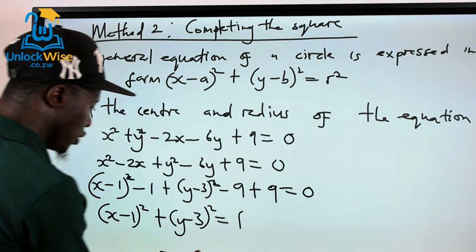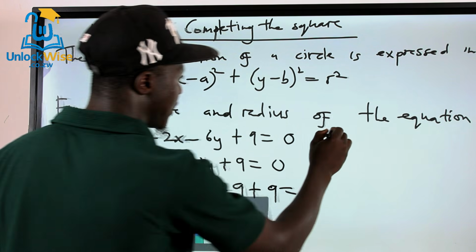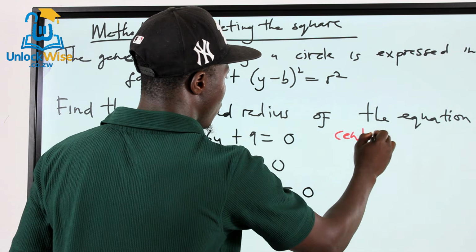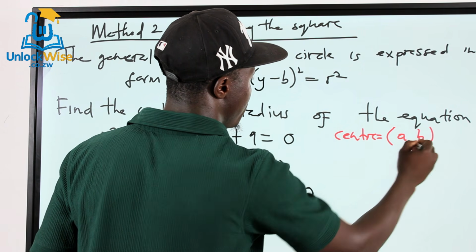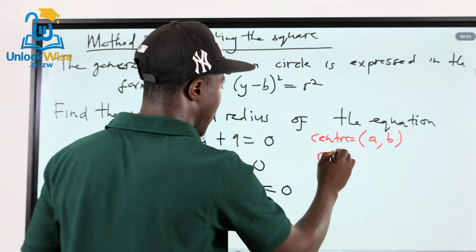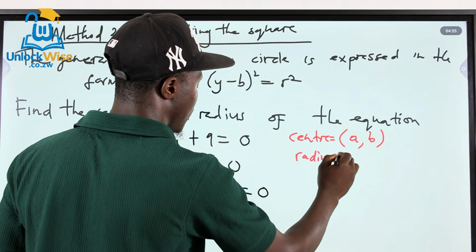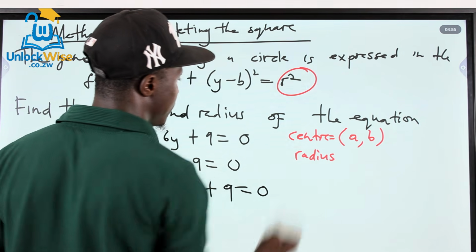Things that you need to remember is this: on the formula your center will be (a, b) and your radius will be this.